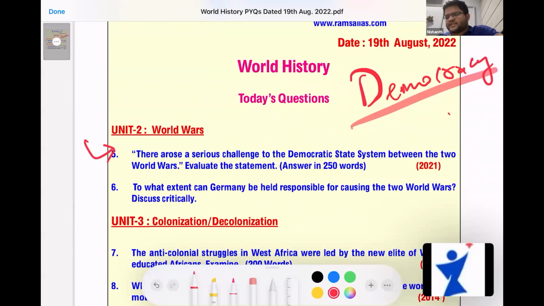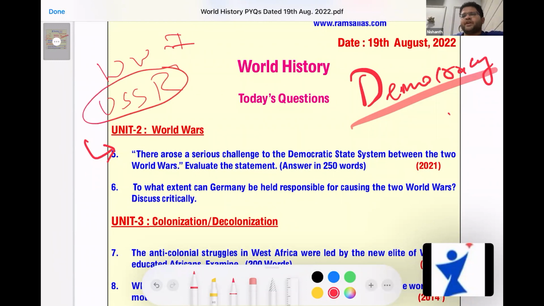So what are the challenges? The first is, at the end of World War One, what is the main consequence which is a threat to the democratic state system? The formation of the USSR, a communist oriented country.